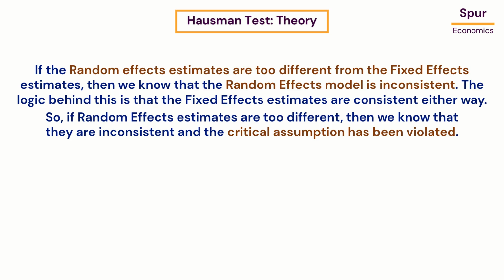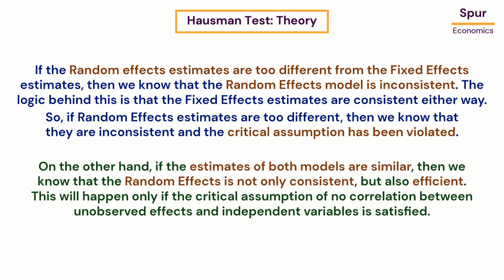So, if random effects estimates are too different, then we know that they are inconsistent and the critical assumption has been violated. On the other hand, if the estimates of both models are similar, then we know that the random effects is not only consistent, but also efficient. This will happen only if the critical assumption of no correlation between unobserved effects and independent variables is satisfied.